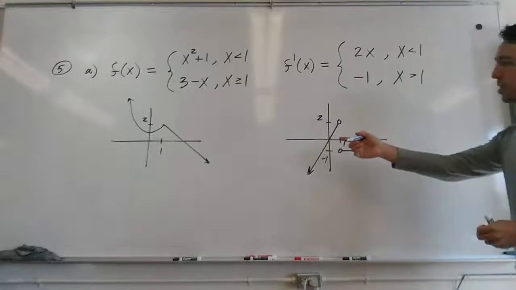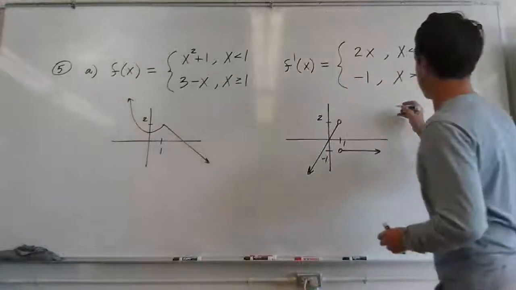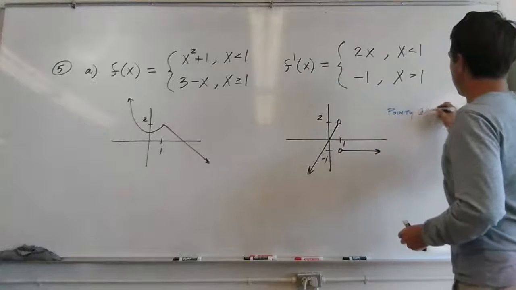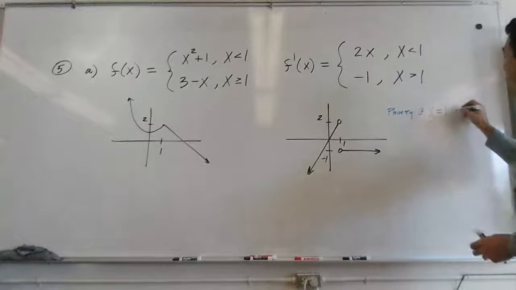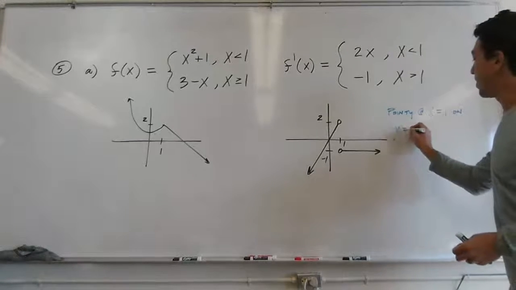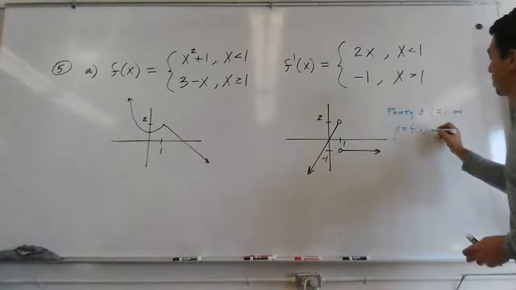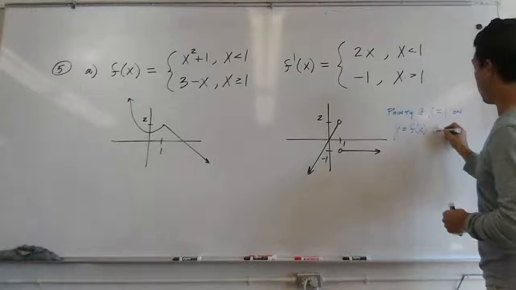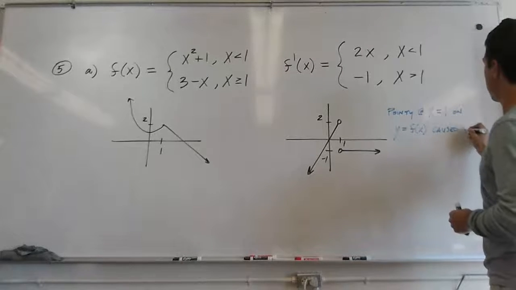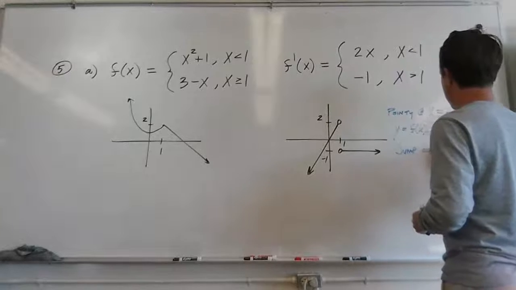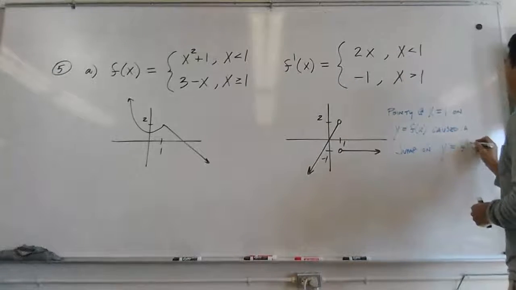It would just be something like the pointy spot at the x value of 1 on the graph of y equals f of x caused a jump on the graph y equals f prime of x.